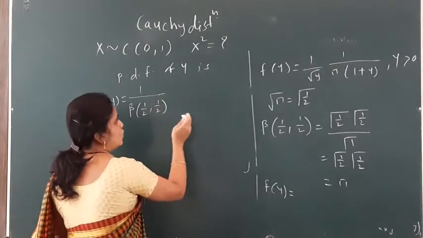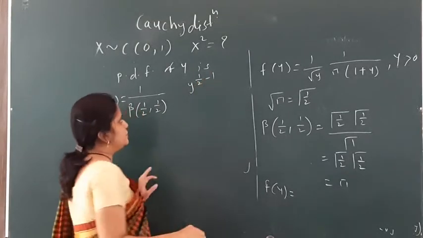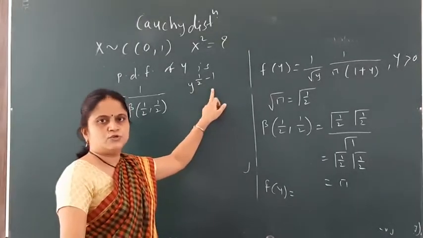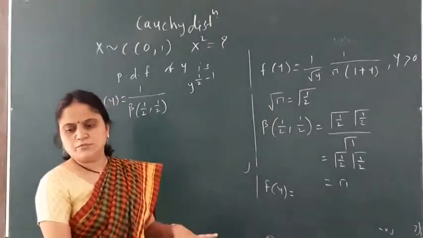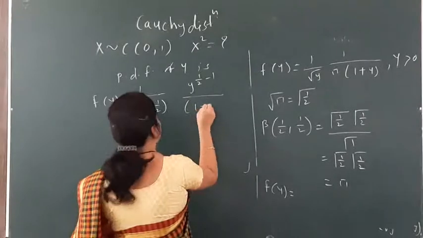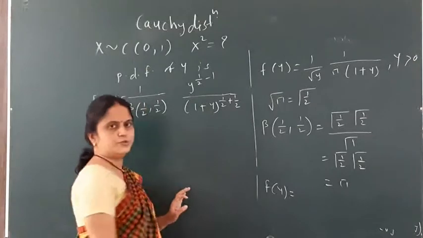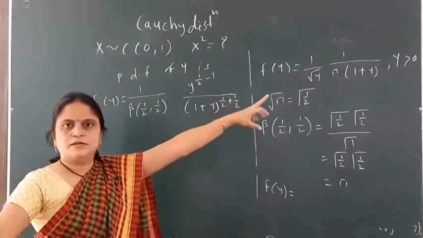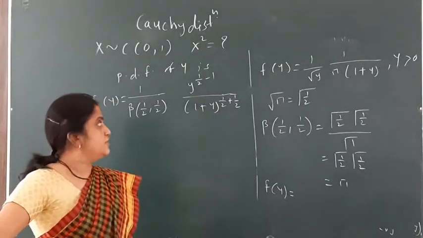Then this root y, that means y raised to half, if I have this term in the numerator, then it comes as y raised to minus half. So I can adjust this term as half minus 1, which is nothing but minus half. So y raised to minus half, that means 1 upon root y, which is there. And in the denominator, I can write this term as 1 plus y raised to half plus half. Half plus half means 1, and the term is there only. And the range for y is 0 to infinity.